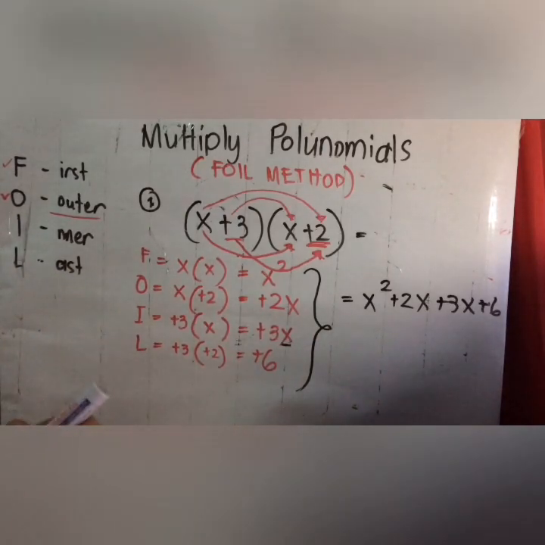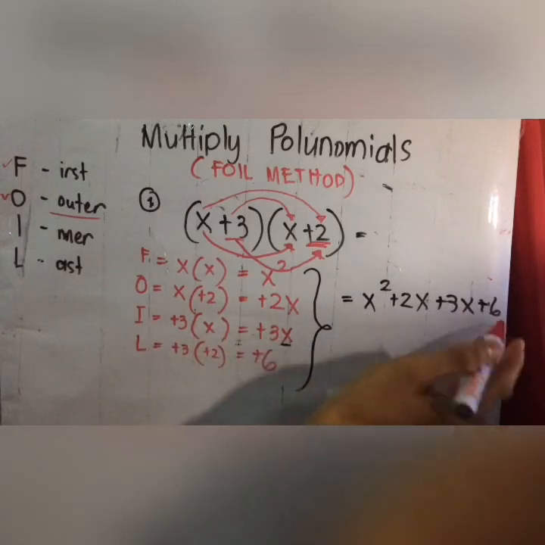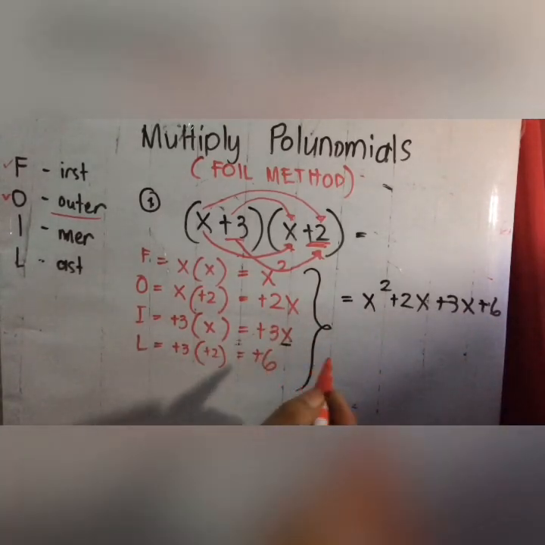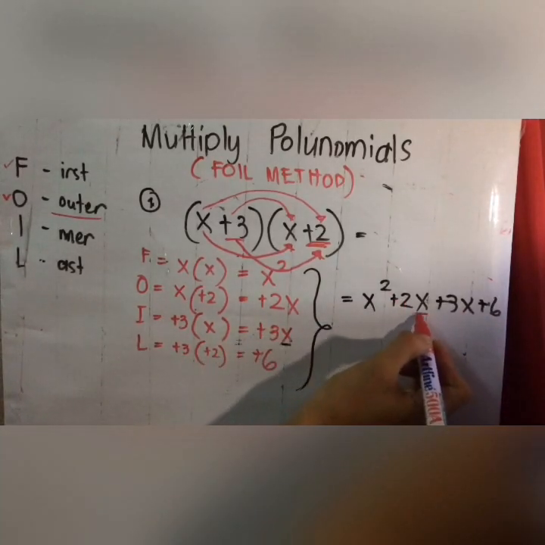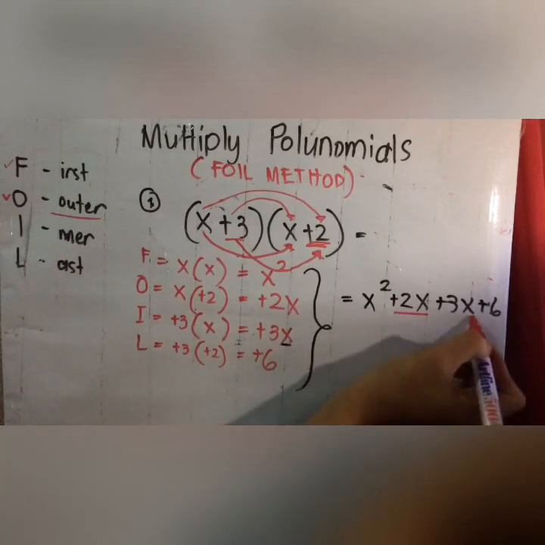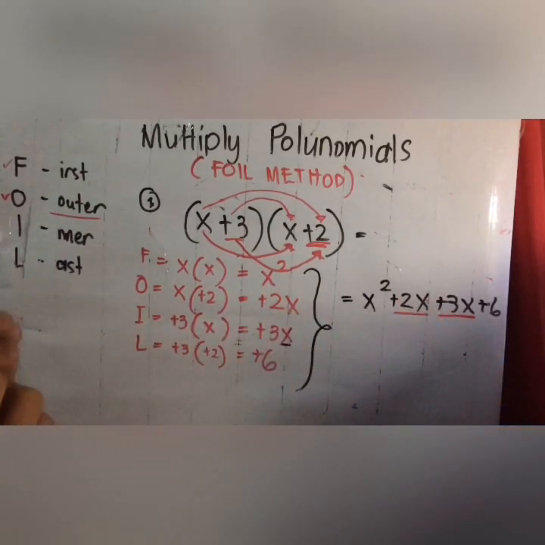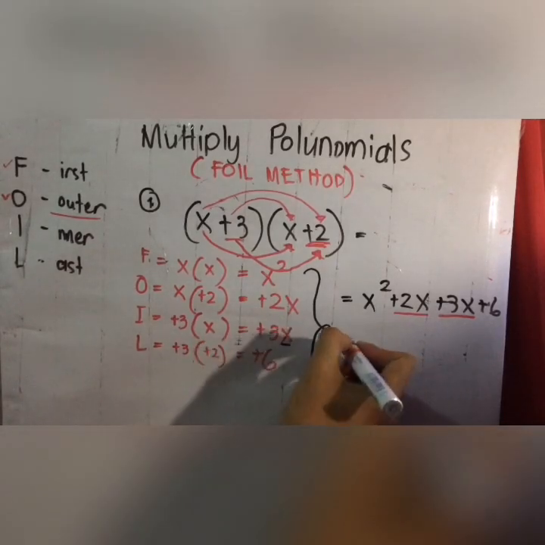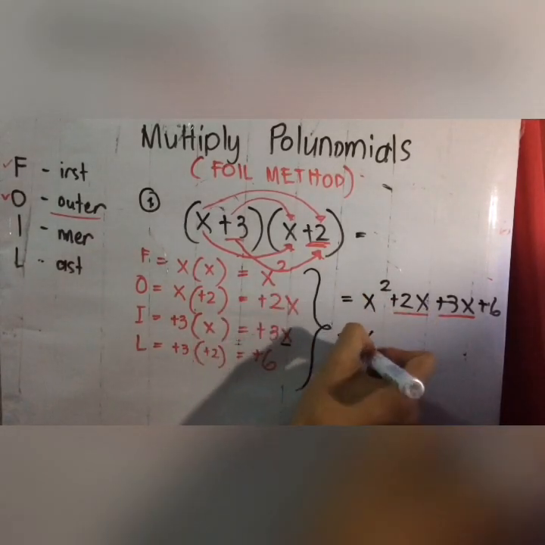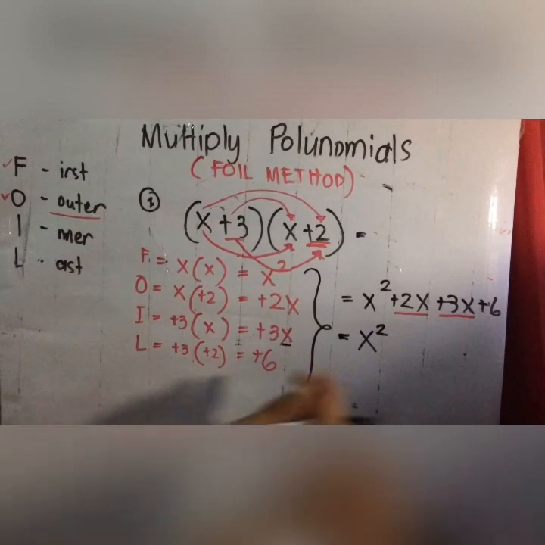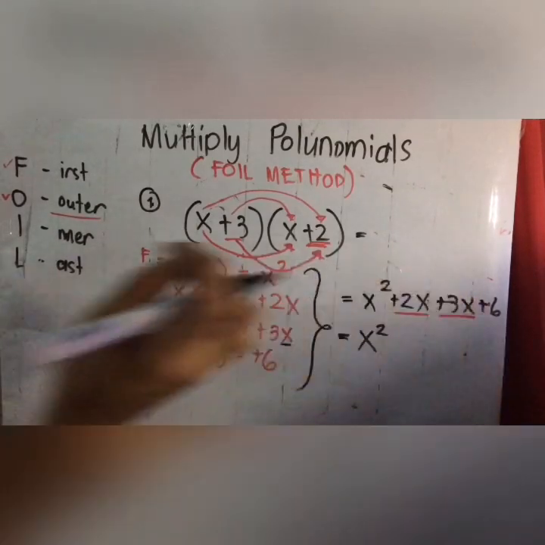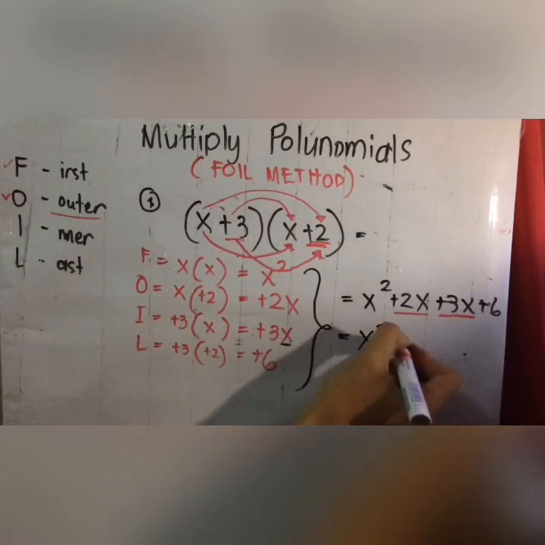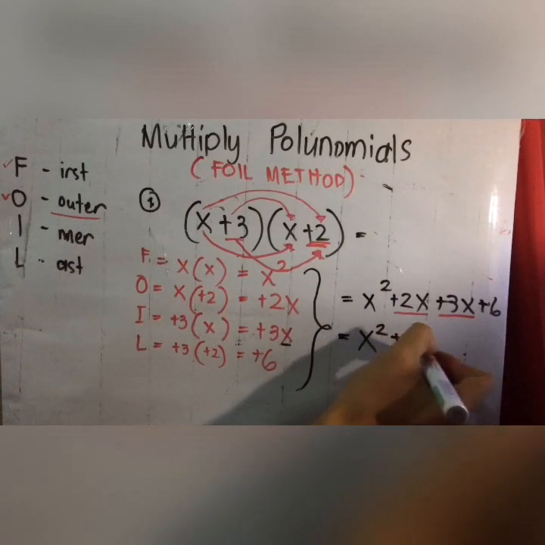Okay, so from this given expression, we have like terms that are positive 2x and positive 3x. That means if these terms are like terms, then we can combine them. So we copy x squared. What's the sum of 2x and 3x? It makes positive 5x.